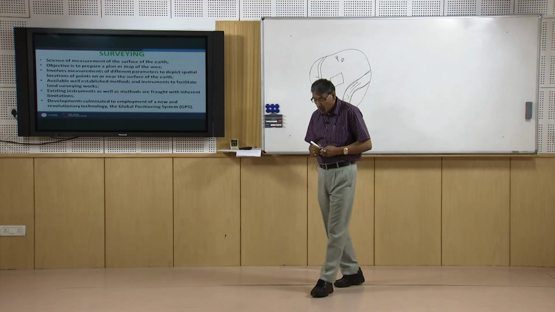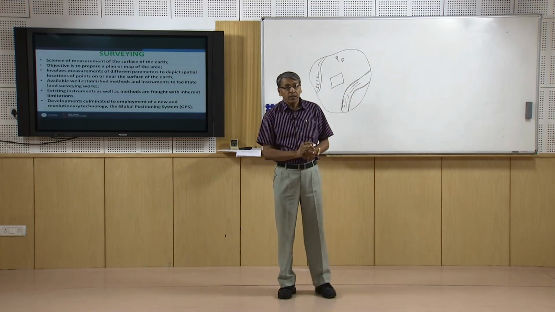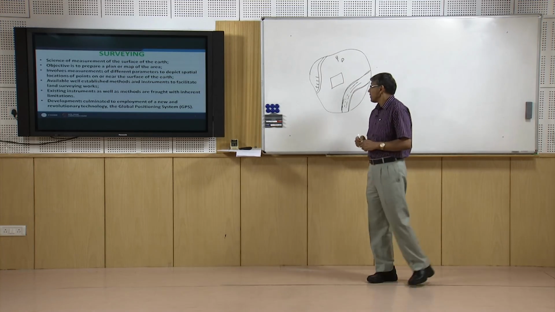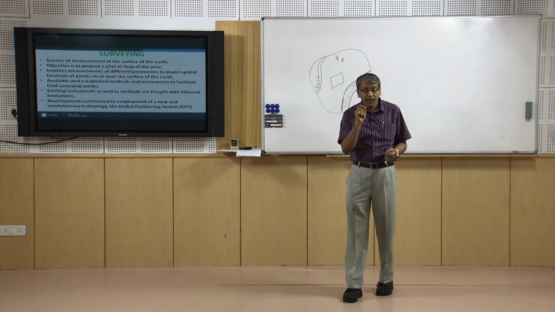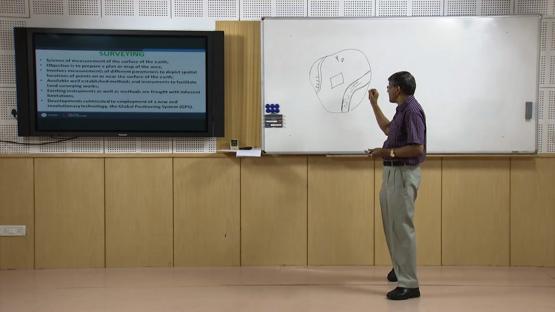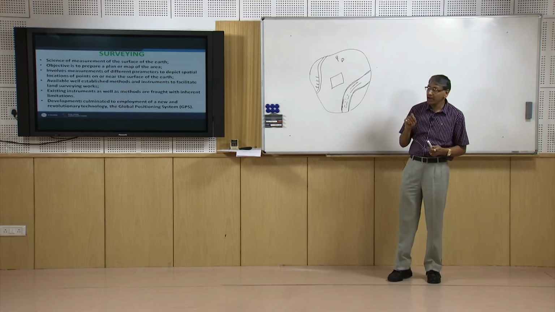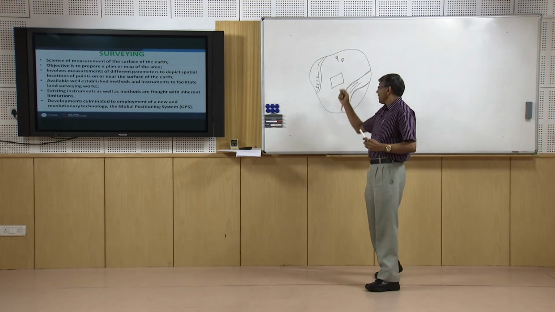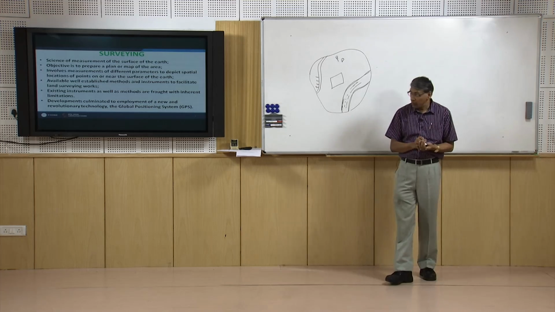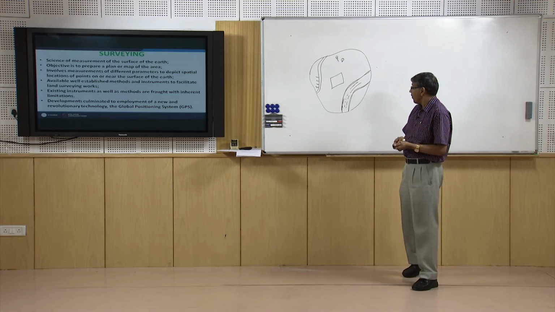Now how do we do this? This can be done simply by identifying some salient points for the objects to be identified, and from those points we can make these objects. How?